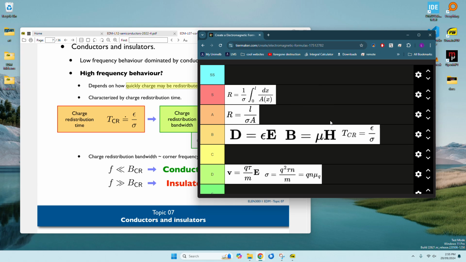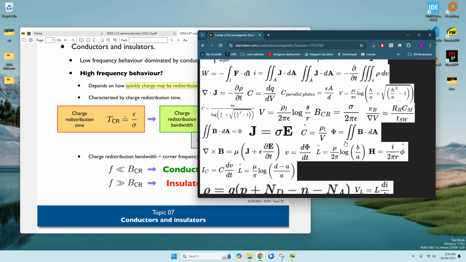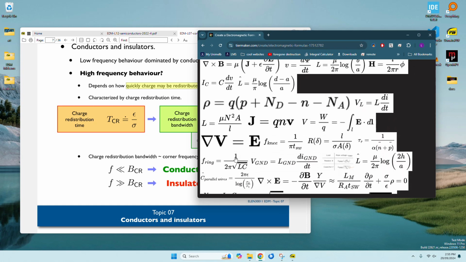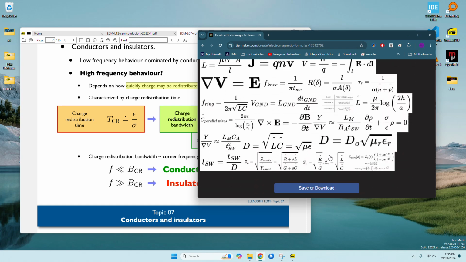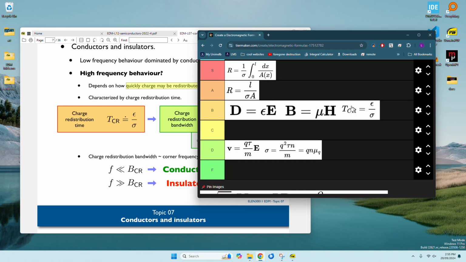I think we're judging them harshly, so we'll go TCR is there. And next to it, we've got the bandwidth one for that, which just tells you how high you can go if you've got a time constant, which is the permittivity over the conductivity.